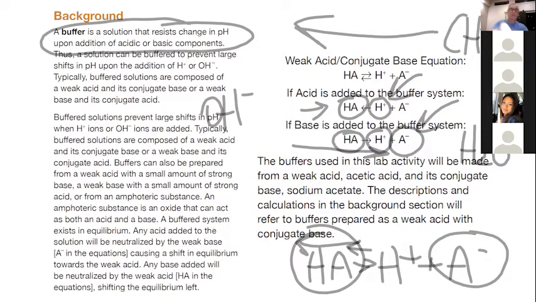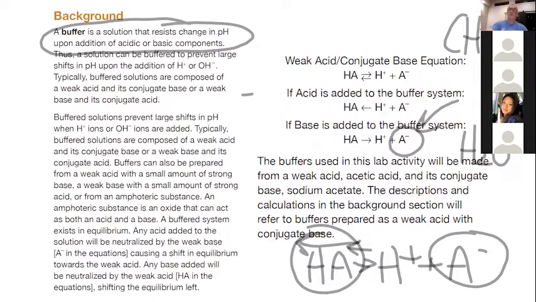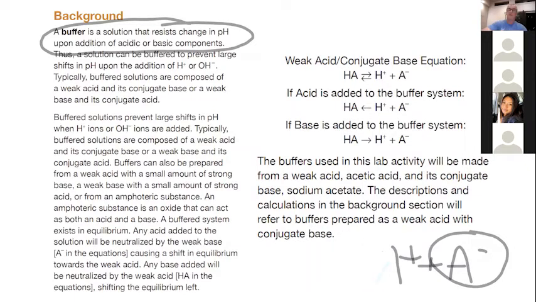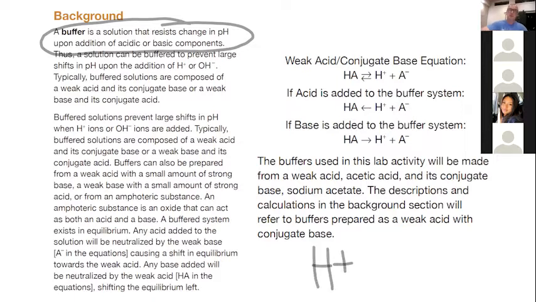However, this won't work if the concentration of our acetate ion and acetic acid is overwhelmed by too much H plus or too much OH minus. And that has something to do with buffer capacity.